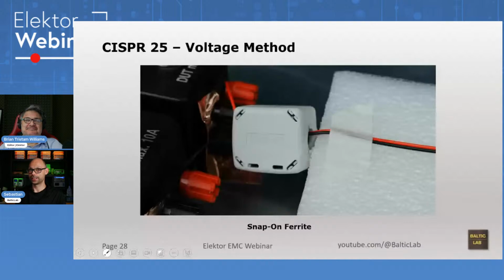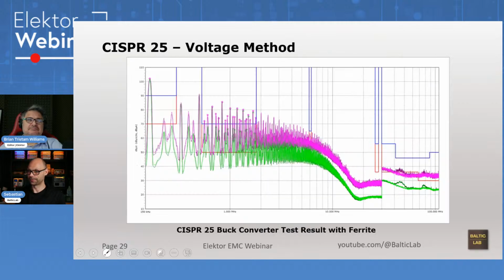Ferrites are oftentimes a last-ditch effort to gain a few dB of freedom when some product has failed. Never at any point should ferrites be your primary EMC solution. But since I know I'm going to get that comment anyway, try a ferrite, I thought, well, let's try a ferrite. And here's the measurement with the ferrite.